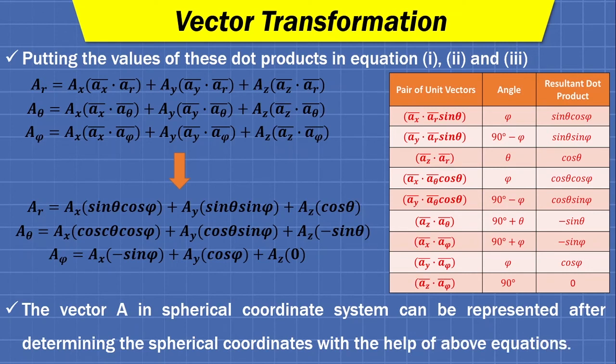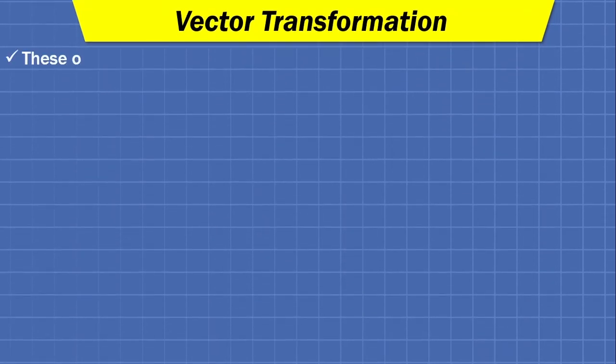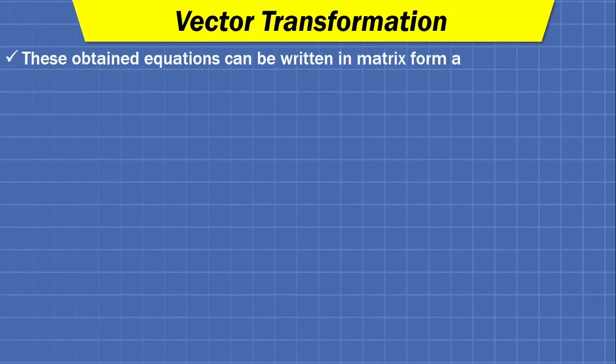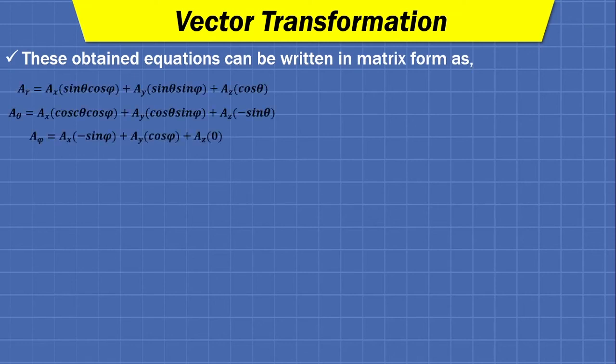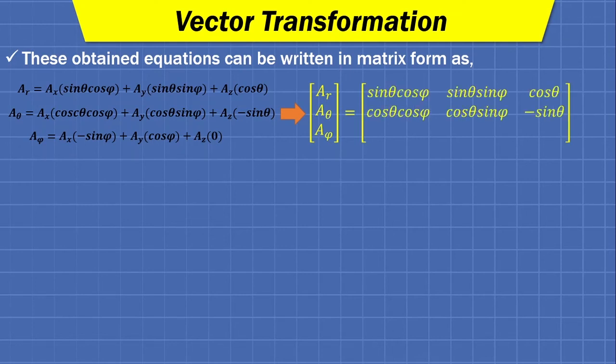Now, similar to what we did in our last video, we will represent these 3 equations in matrix form. This obtained equation can be written as a column vector A_r, A theta, A phi, equal to a 3 cross 3 matrix of coefficients, times another column vector A_x, A_y, A_z.